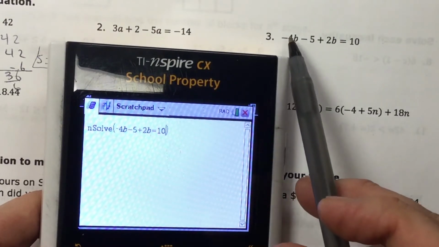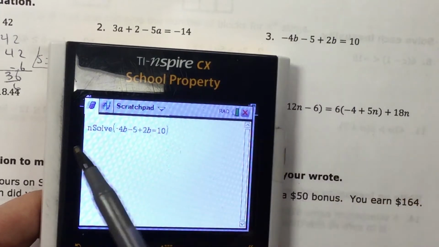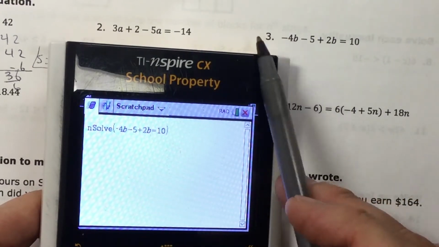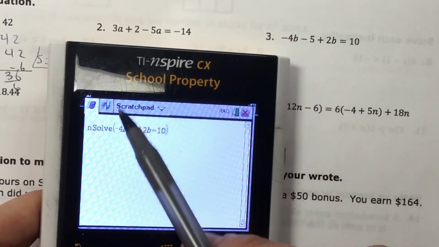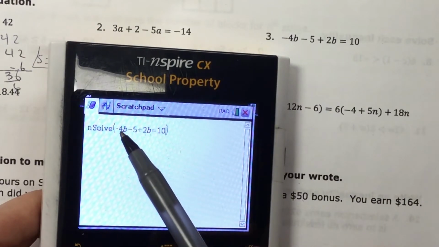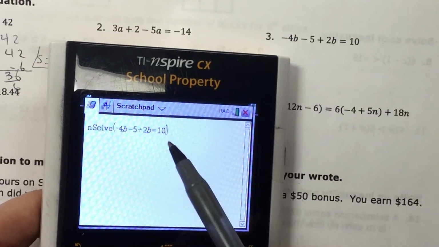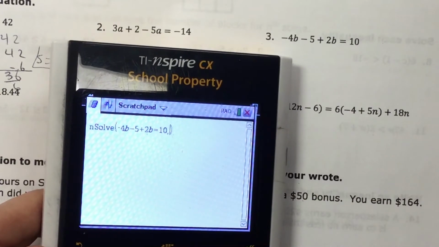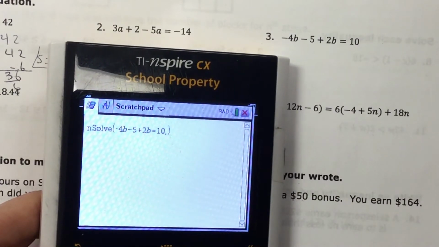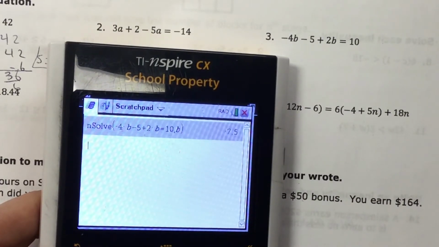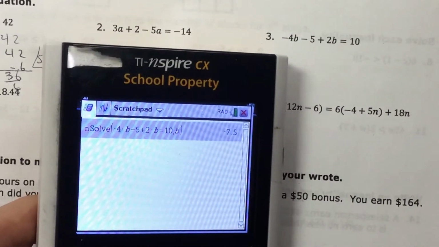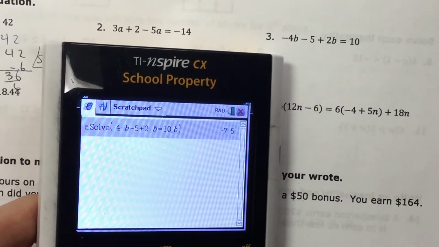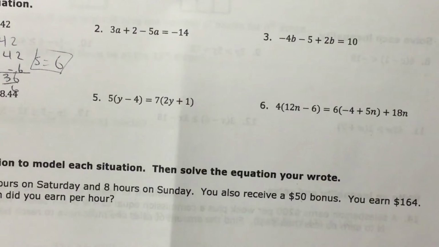Notice this is a long looking minus sign, but that is indeed a negative sign. It's in front, it's not between two terms, so we treat that like a negative sign. Very important. Okay, when I get everything entered in, I hit comma, and I tell the calculator what I'm solving for, which is b. I'd hit enter, and that's my answer. Okay, negative 7.5.